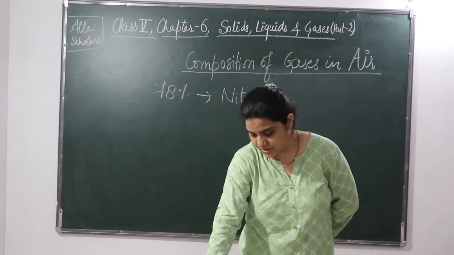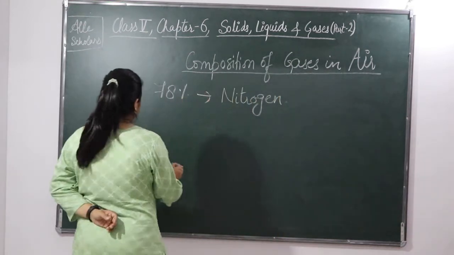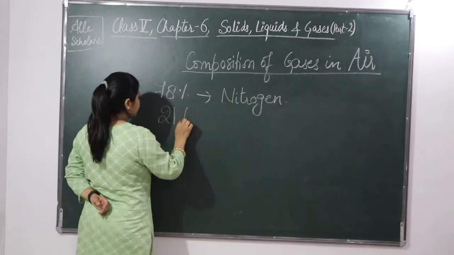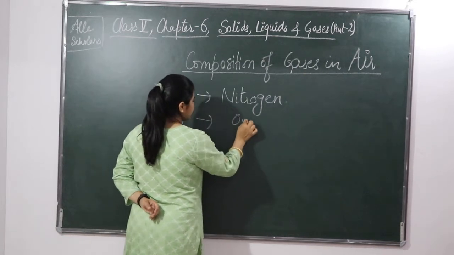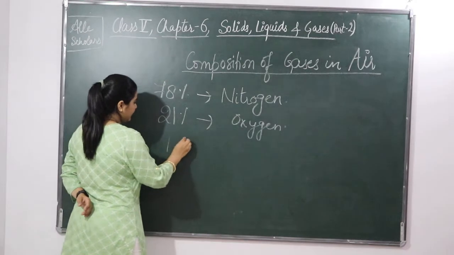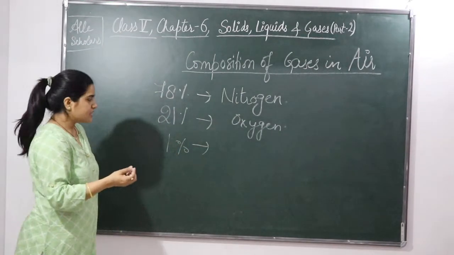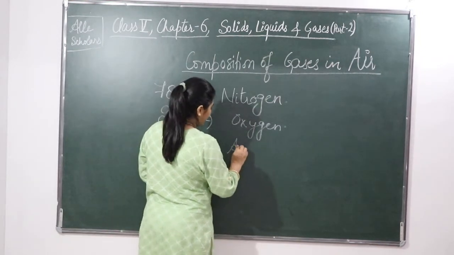Next comes oxygen, which is 21%. And the remaining 1% consists of different gases, like argon.